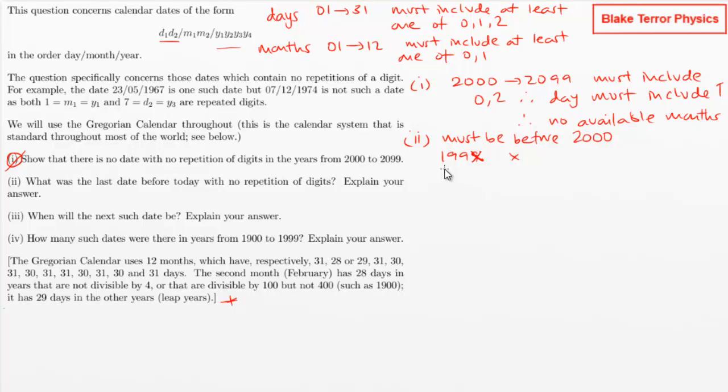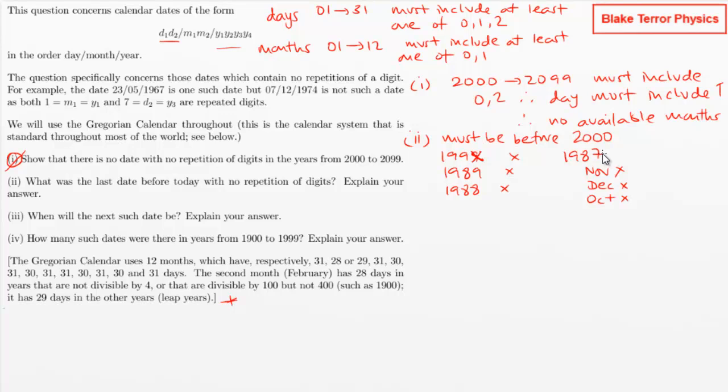Then we're going back into the 80s. We can't have 1989, we can't have 1988. So 1987 seems our first possibility, which means we can't have November or December, or October, or September, August or July.